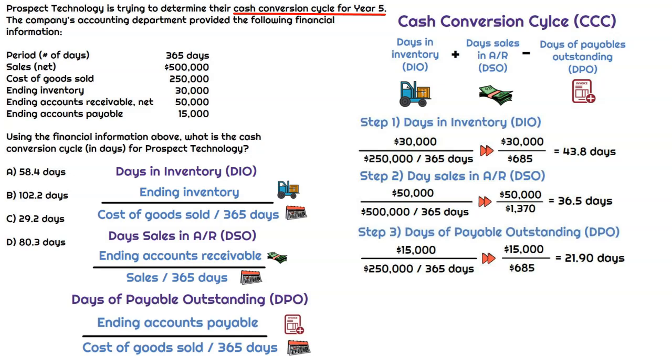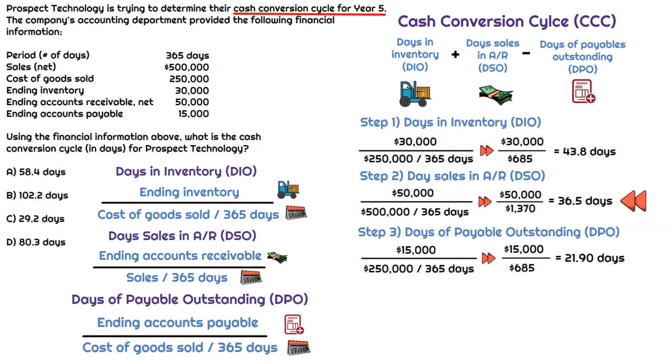So in looking back through each of those 3 ratios that we just calculated, the way we can think about days in inventory is that we have 43.8 days' worth of inventory, or it takes us 43.8 days from the time we purchase the inventory to when we manufacture, distribute, and sell it. So that is the timeline for this company.